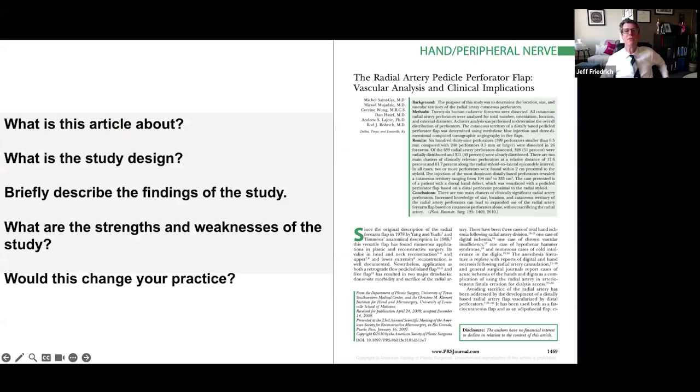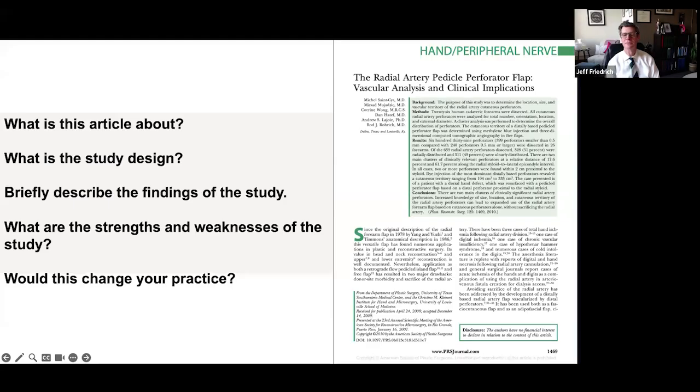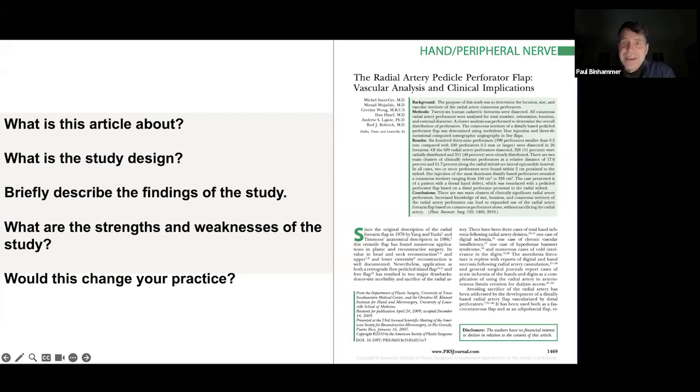So, in keeping on this topic about the radial artery perforators, this is, I think, an article that a lot of us have appreciated and referenced in no small part because the illustrations are super cool. But I think, Dr. Benhammer, did you want to talk on this one a little bit? Sure. I selected this exactly for that reason, Jeff, because you said the illustrations are super cool.